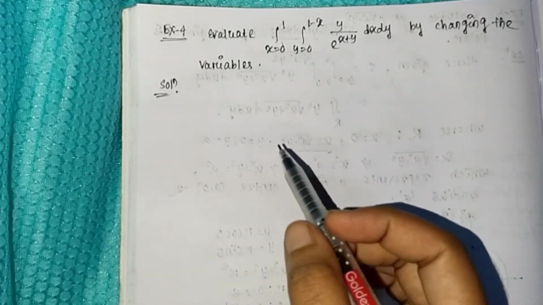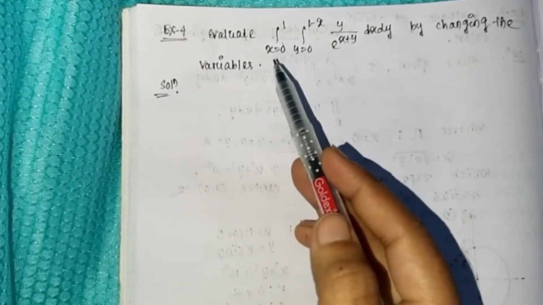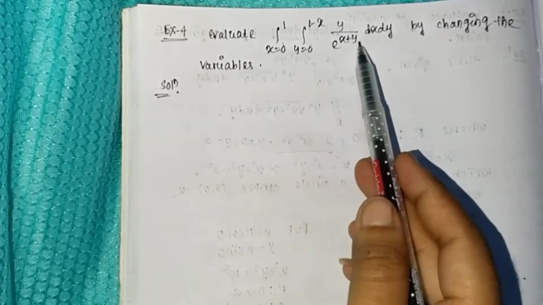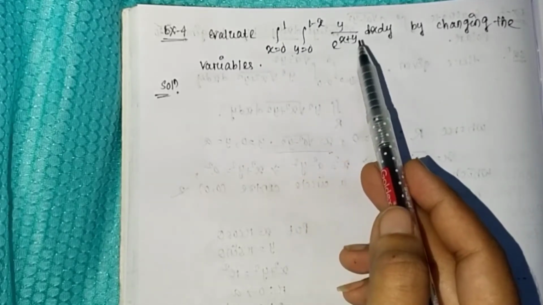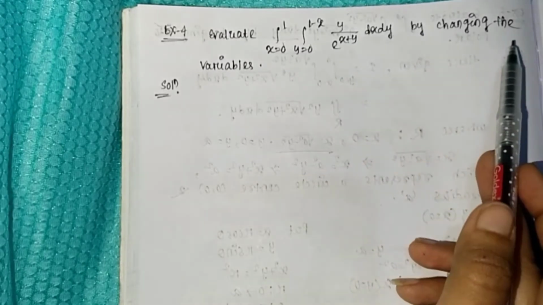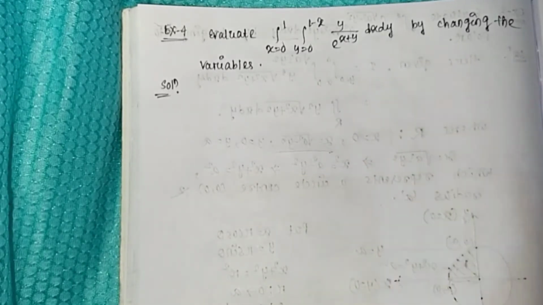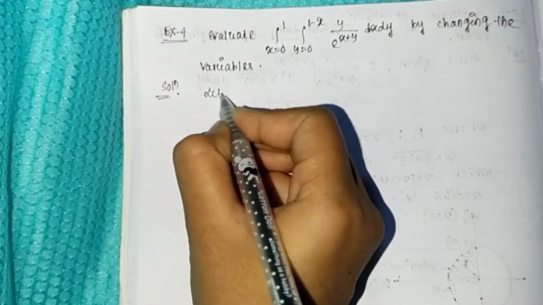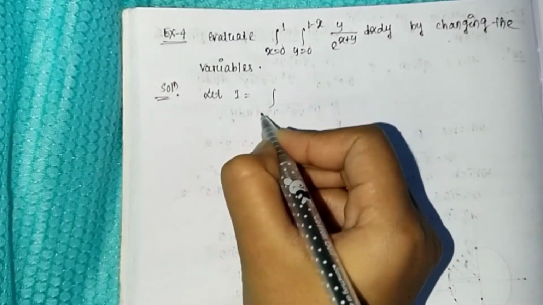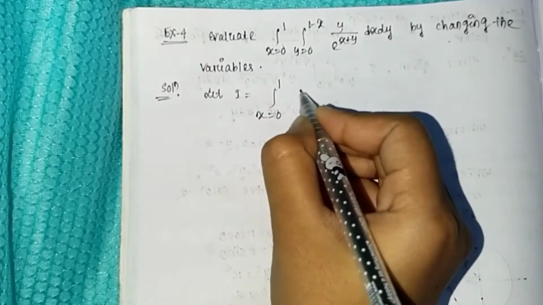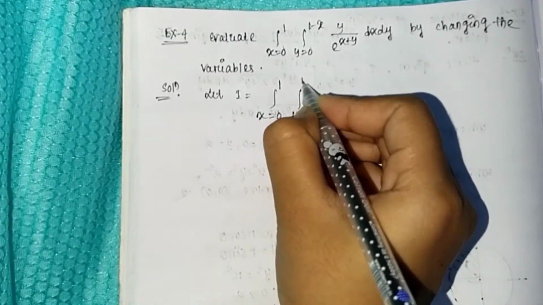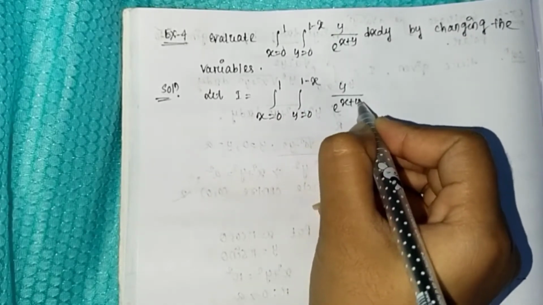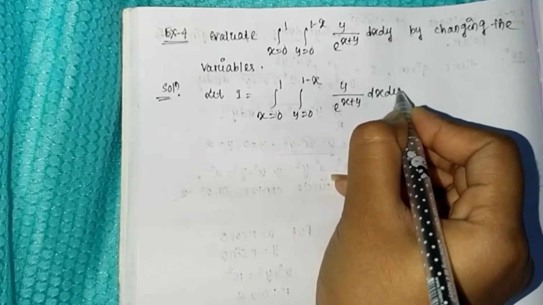So our question is: evaluate the integral with x from 0 to 1 and y from 0 to 1 of (x minus y) divided by e to the power x plus y, dx dy, by changing the variables. So first, let I equal the integral with x from 0 to 1 and y from 0 to 1 of (x minus y) divided by e to the power x plus y, dx dy.